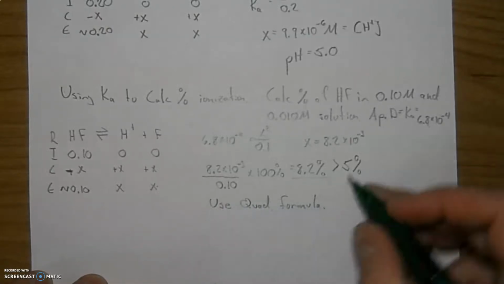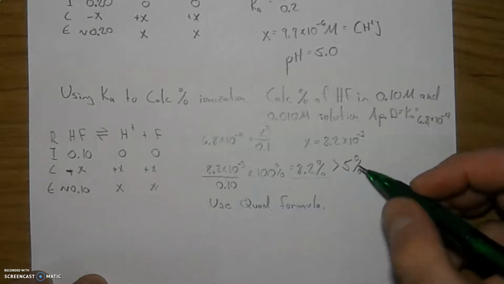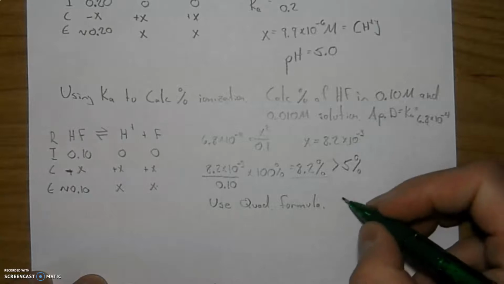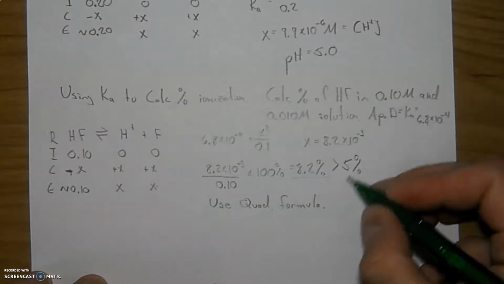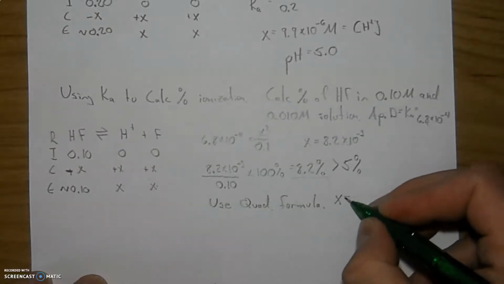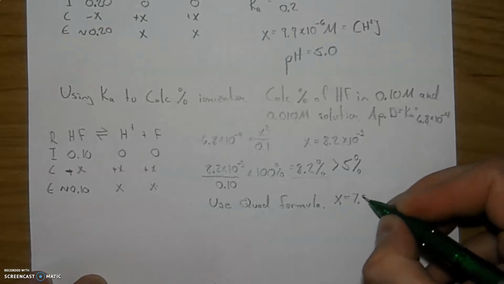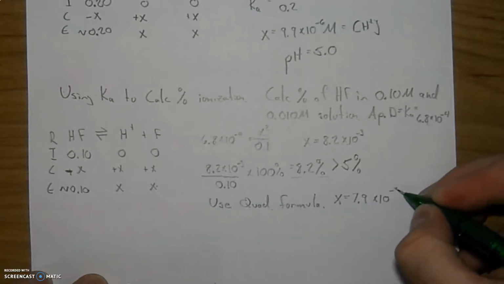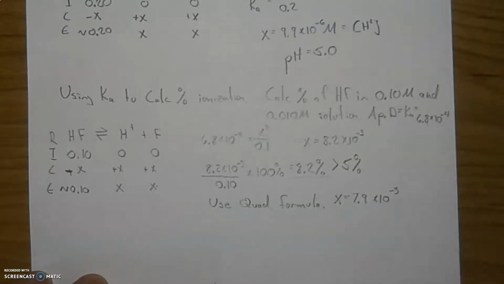If I do that, what you will find is that x is actually equal to 7.9. And of course, this is the valid answer. Remember, when you use a quadratic, you get 2 answers. One, if I'm not mistaken, is called extraneous, which just means it doesn't work.